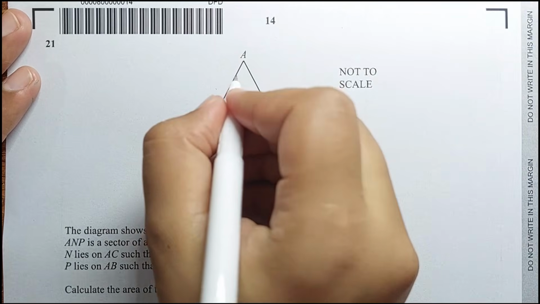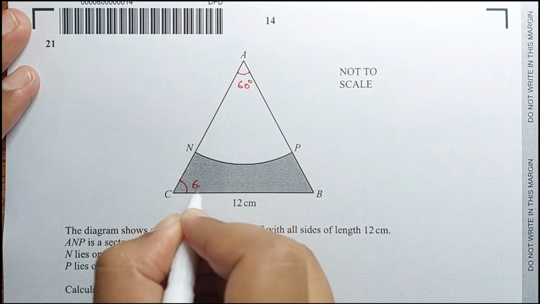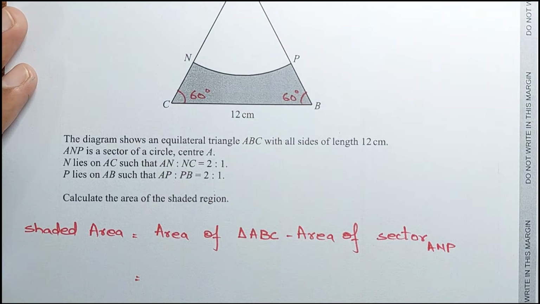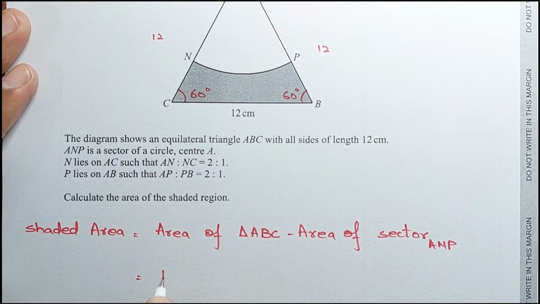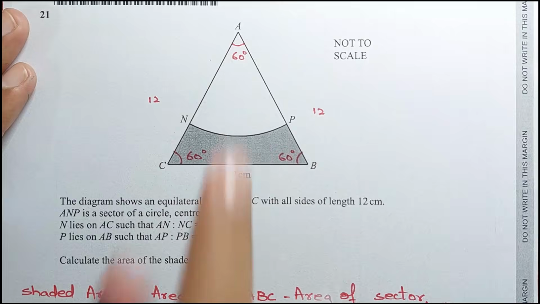As we know, all the angles are 60 degrees for this equilateral triangle, and the side lengths are 12. Area of a triangle is half times two sides times the sine of the angle between them.